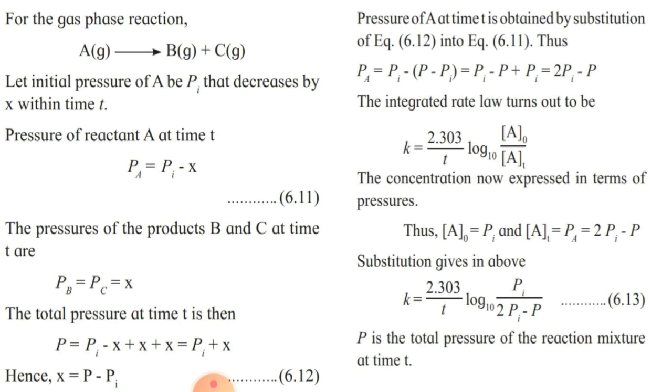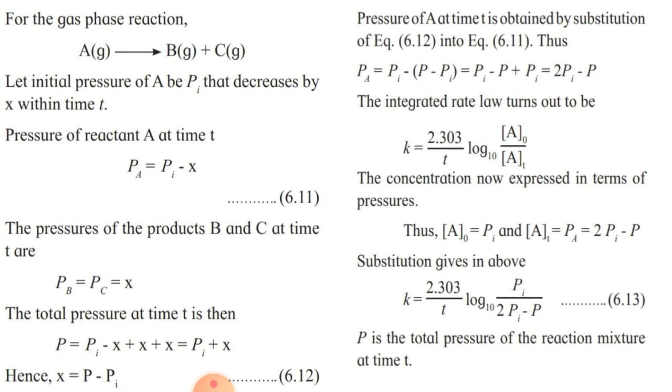Let us assume that the initial pressure of the reactant A be Pi. As the time goes on, the pressure Pi decreases by X. The pressure of the reactant A decreases by X with time t.